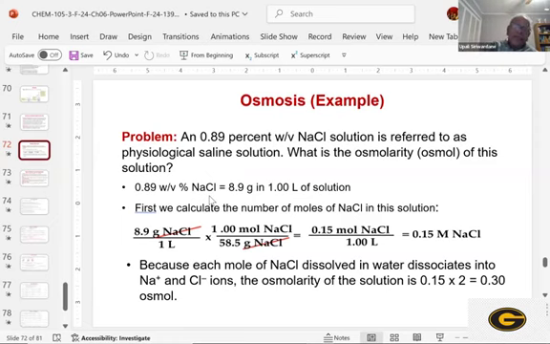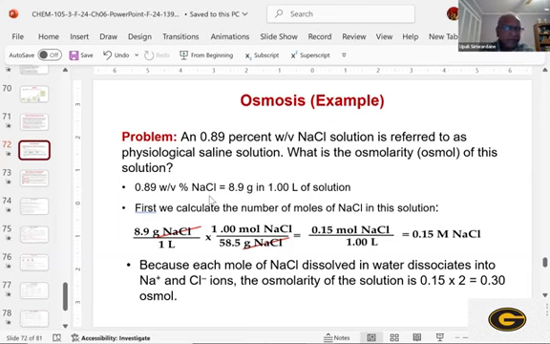How do you get the molarity of the sodium chloride? Normally weight by volume percent multiplied by 10: 0.89 multiplied by 10, you get 8.9. That means 8.9 grams in 1 liter solution. Why multiplied by 10?